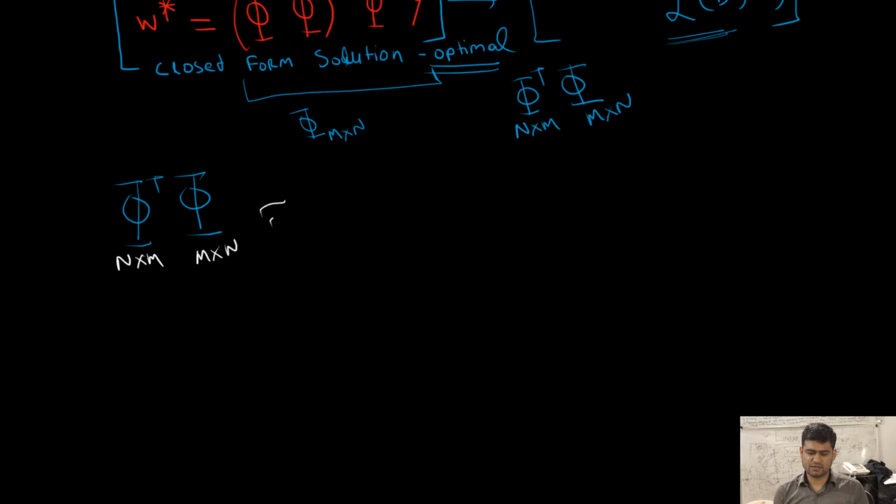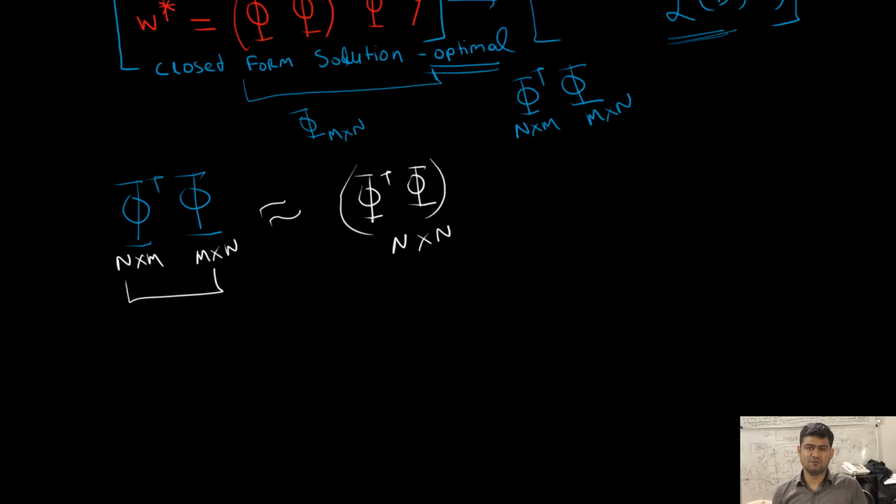So the resultant matrix phi transpose phi is an n by n matrix, where n is the number of feature points, or n is the dimension of the basis functions or the feature function. And then we have to invert this n by n matrix.